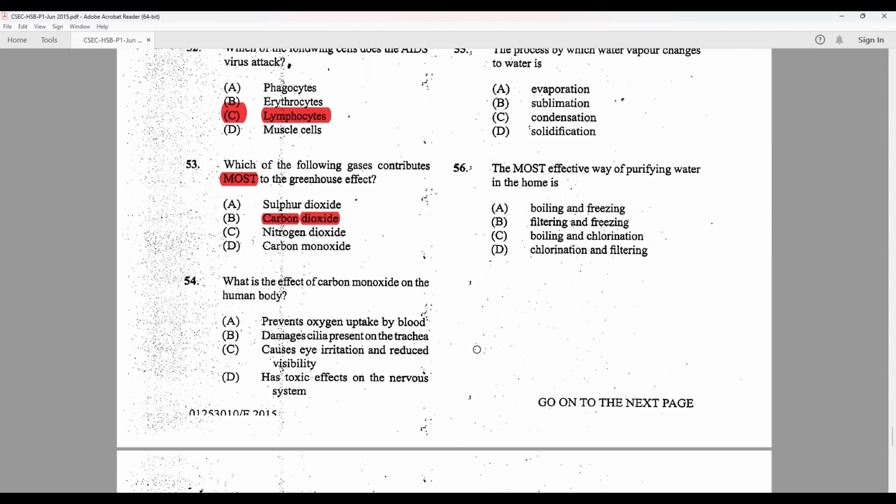So we want the best answer, and we are going to go with A. It does have a toxic effect on the nervous system, but preventing oxygen uptake by blood is an even bigger effect, because we know carbon monoxide irreversibly binds to hemoglobin, right? So 54, we went with A.